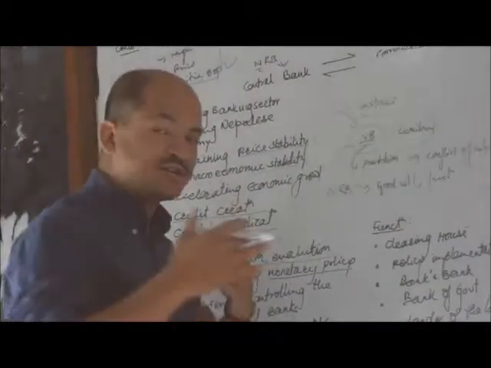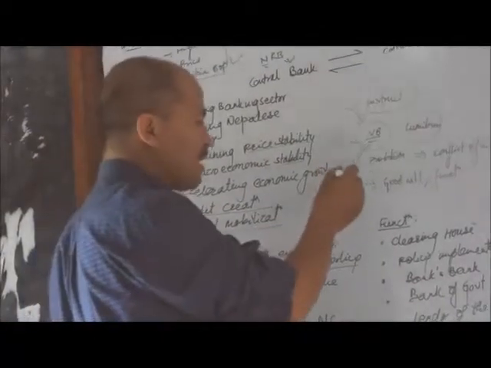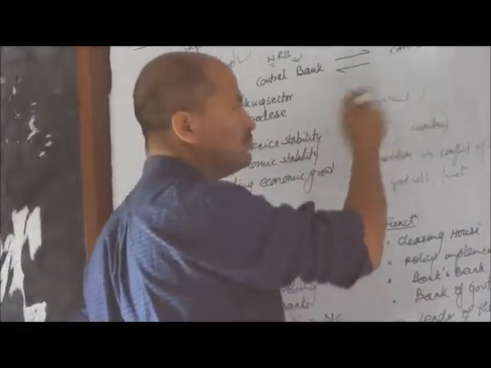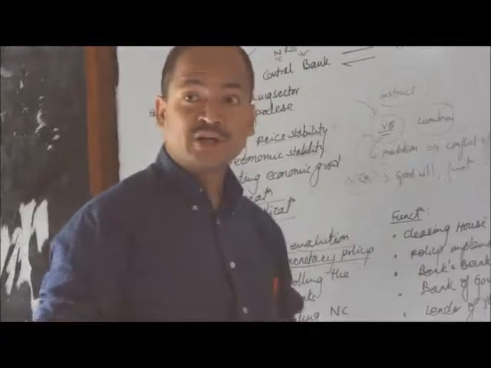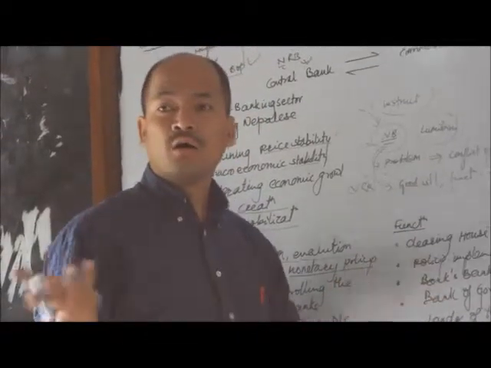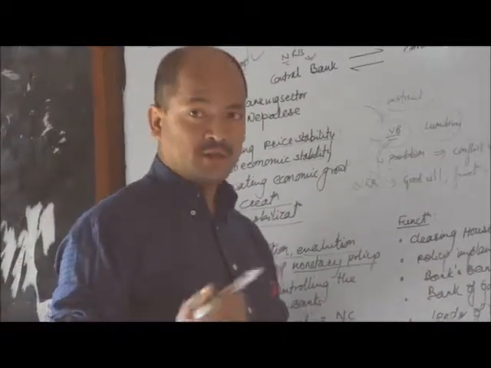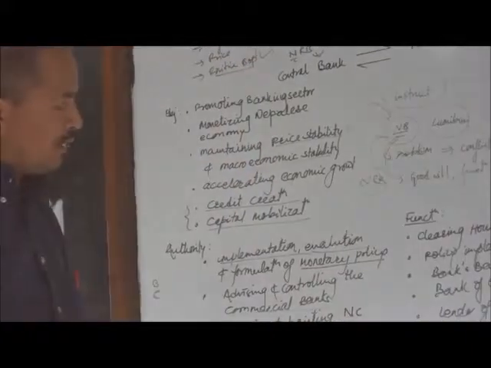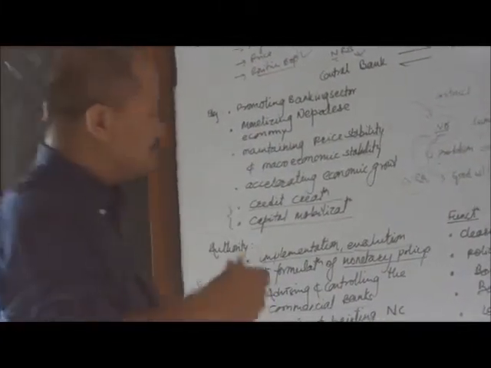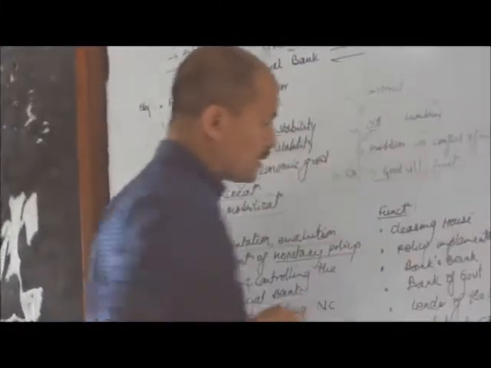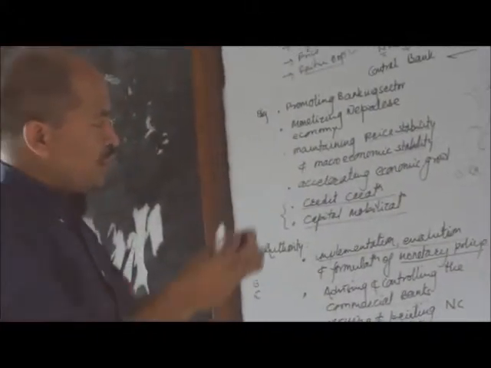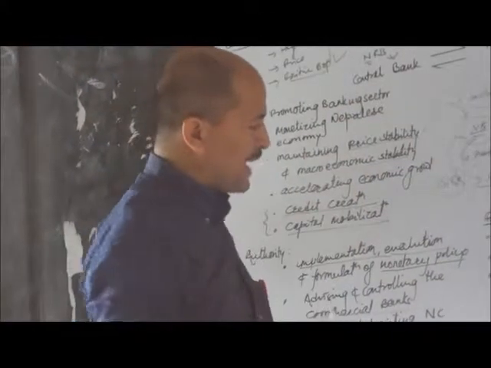After a certain time period, Nepal Rastra Bank transferred its authority to the owners or the shareholders. This is the part. And if you observe this situation, what happened?